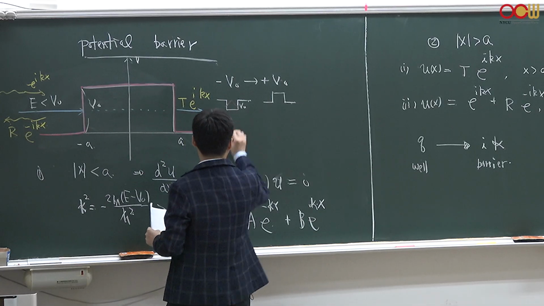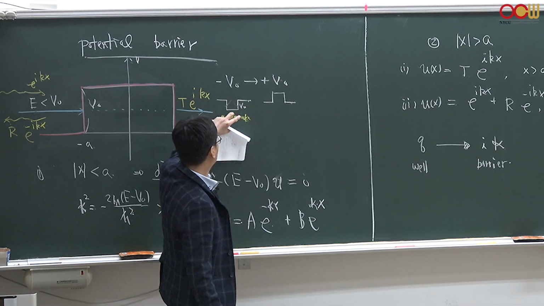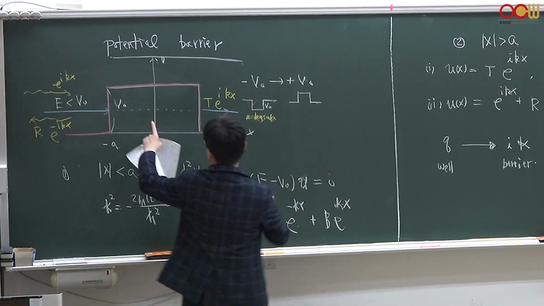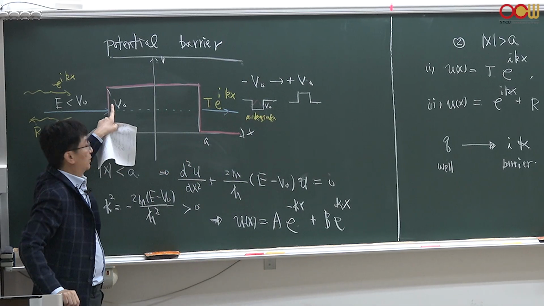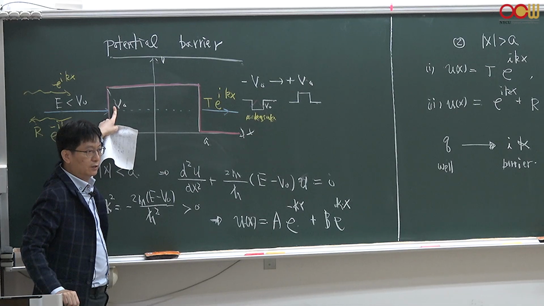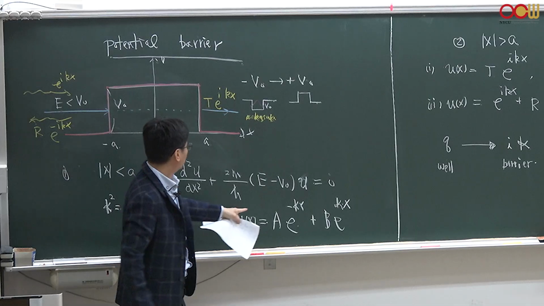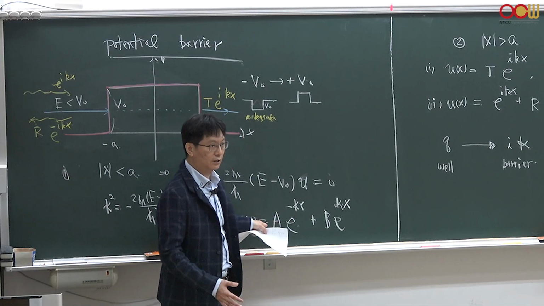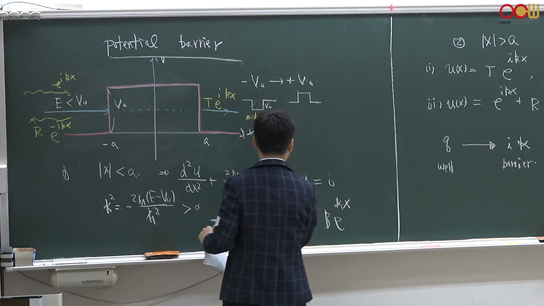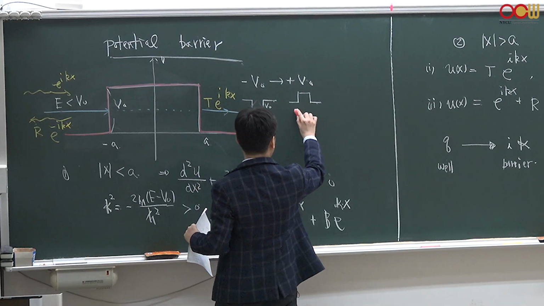Remember that. But now, since you flip the sign of V0, inside the barrier the potential energy V0 is greater than your incoming energy capital E, so the solution inside the barrier is no longer a sine or cosine function. Instead, it is the exponential function, right?